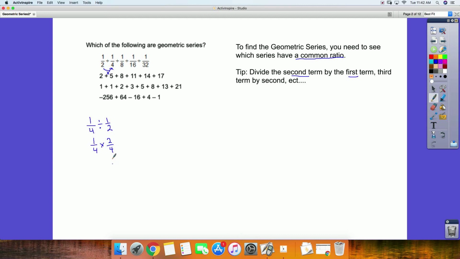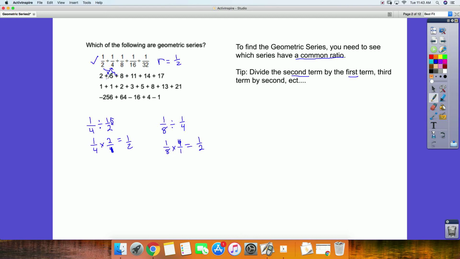Remember, division is multiplying by the reciprocal, so we flip these numbers, and that gives me 1/2. If I want to check it again, it says divide the third term by the second, so 1/8 divided by 1/4. That's the same as 1/8 times 4/1. And that again gives me 1/2. So I know this is a geometric series where my common ratio is 1/2.